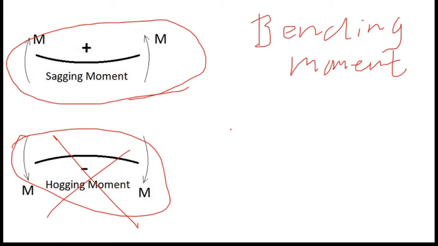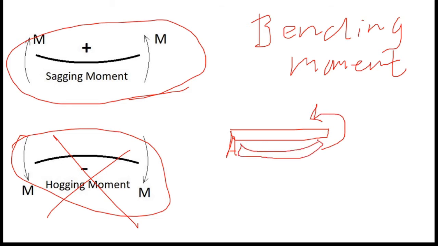That means if I draw a part of a beam like this, I will mark the moment as sagging. For the beam to sag, the moment should be applied in this direction, and then the beam is going to sag like this.